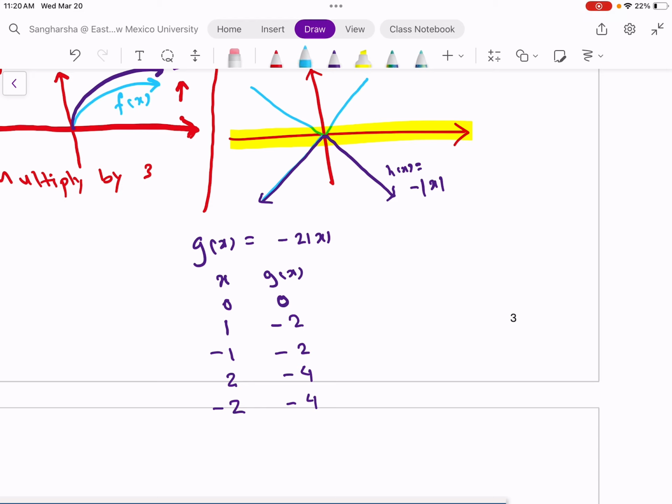We have 0, 0 here, 1, negative 2, negative 1, negative 2, then 2, negative 4, and negative 2, negative 4.